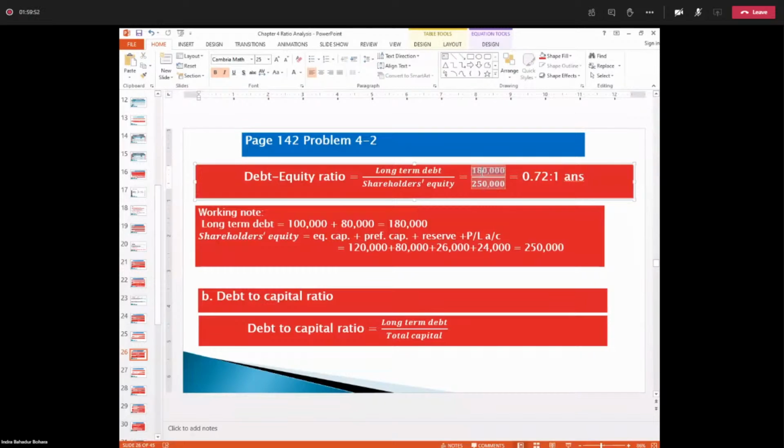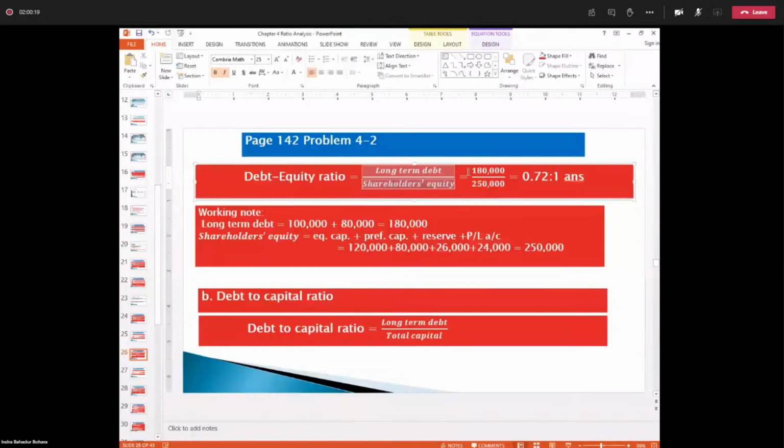So the 1,80,000 loan can be easily paid by 2,50,000, because 0.72 means 72 paisa of long-term loan can be paid from the shareholders equity by 1 rupee. So it is sufficient, but 72% is quite a huge amount of long-term loan in comparison to shareholders equity.